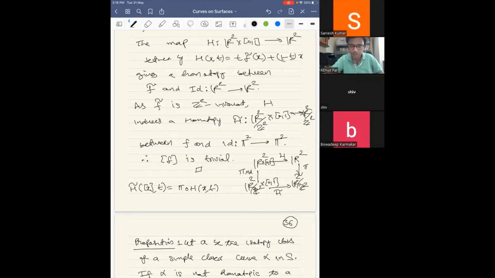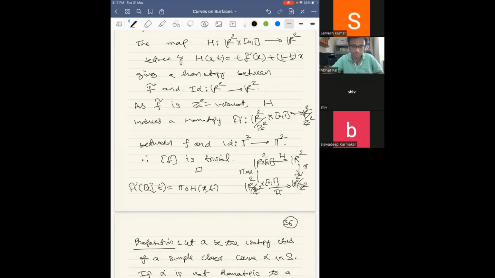Can I say something about this? Sir, you want to say how H tilde is well defined, right? If I take two pre-images of a point x, x1 and x2, such that pi of x1 equals pi of x2 equals the point x, then H tilde of the point (s, t) is equal to pi composed with H of x1 at t.